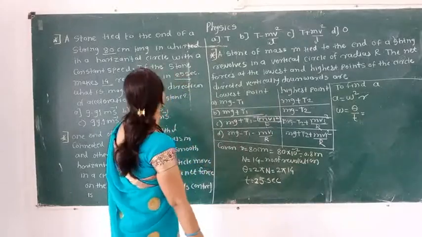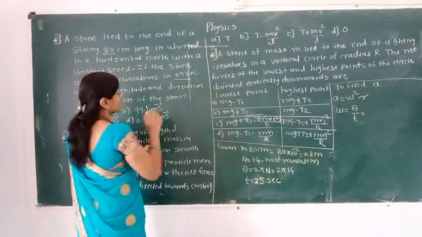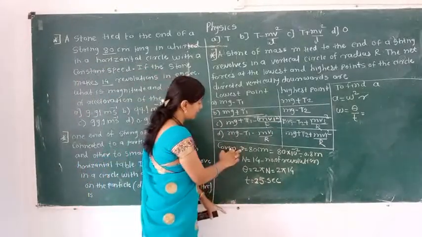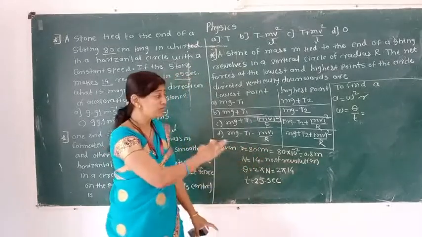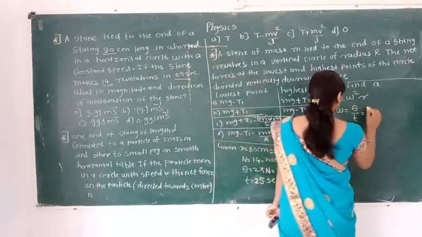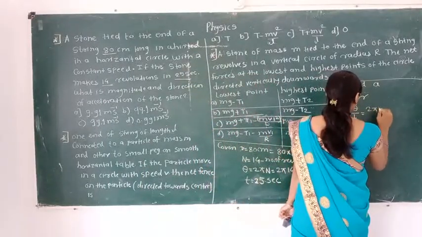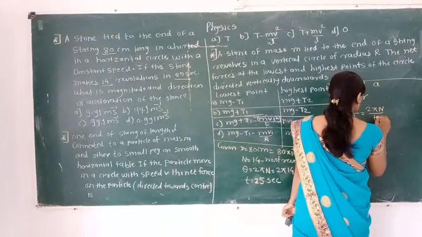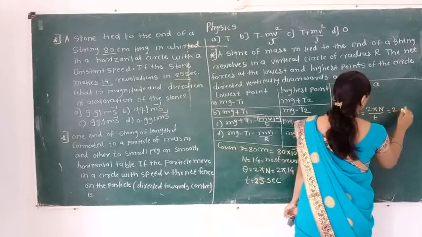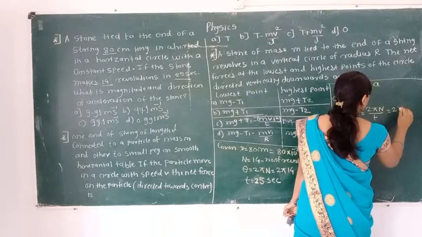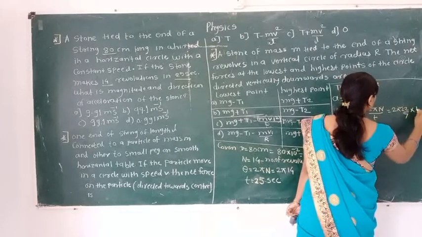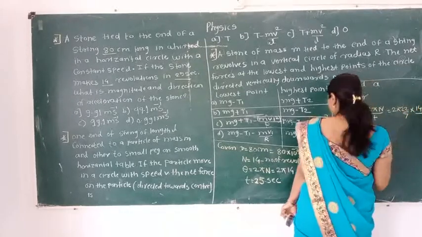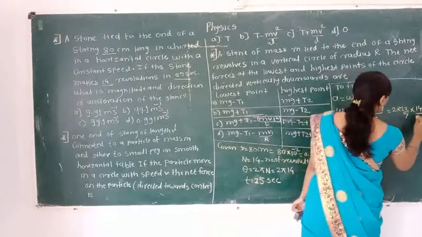The stone is tied to one end of a string having length 80 centimeter, which we converted into meter. Putting the values here, we get omega equal to 2 pi N divided by t. The value of pi is 22 divided by 7, N is 40, divided by time, 25 seconds.